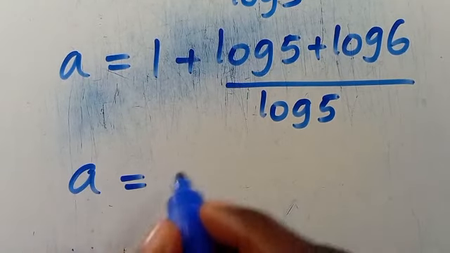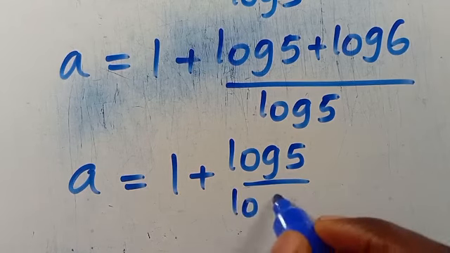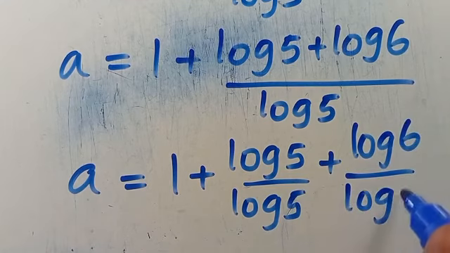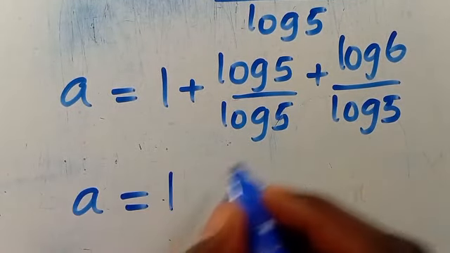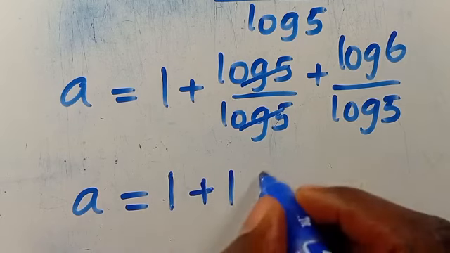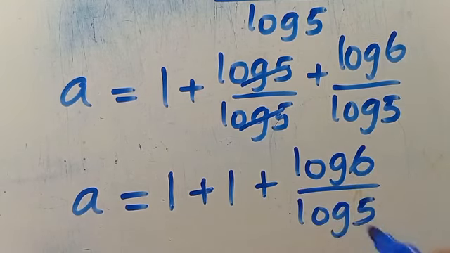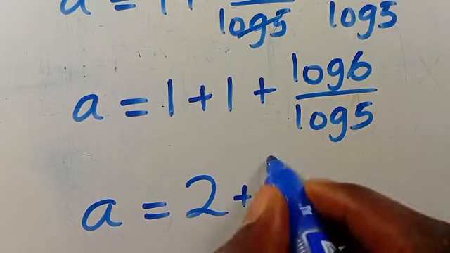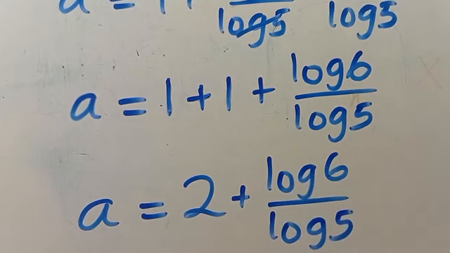So a equals 1 plus log 5 divided by log 5 plus log 6 divided by log 5. When this cancels this, it gives us 1. We have 1 plus 1 plus log of 6 divided by log of 5. So a equals 1 plus 1, which gives us 2, plus log 6 divided by log 5.